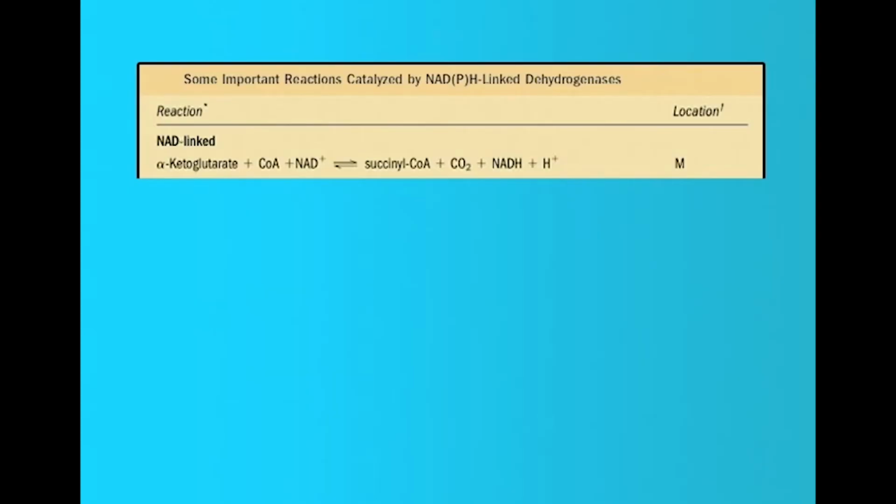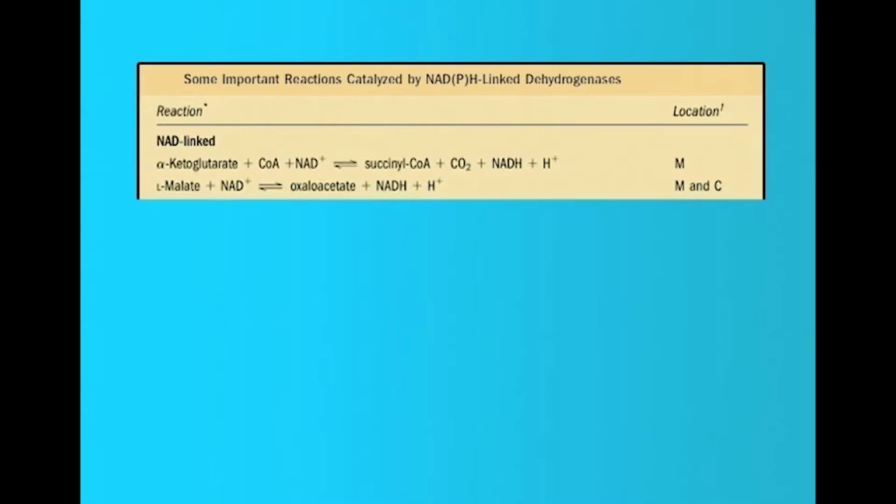Some important reactions catalyzed by NADP dehydrogenase or NAD dehydrogenase are indicated here. This is important because these reactions provide the substrates NADH2, NADPH2 and FADH2. In the citric acid cycle, the conversion of alpha ketoglutarate to succinyl CoA generates NADH2, and malate to oxaloacetate generates another NADH2.